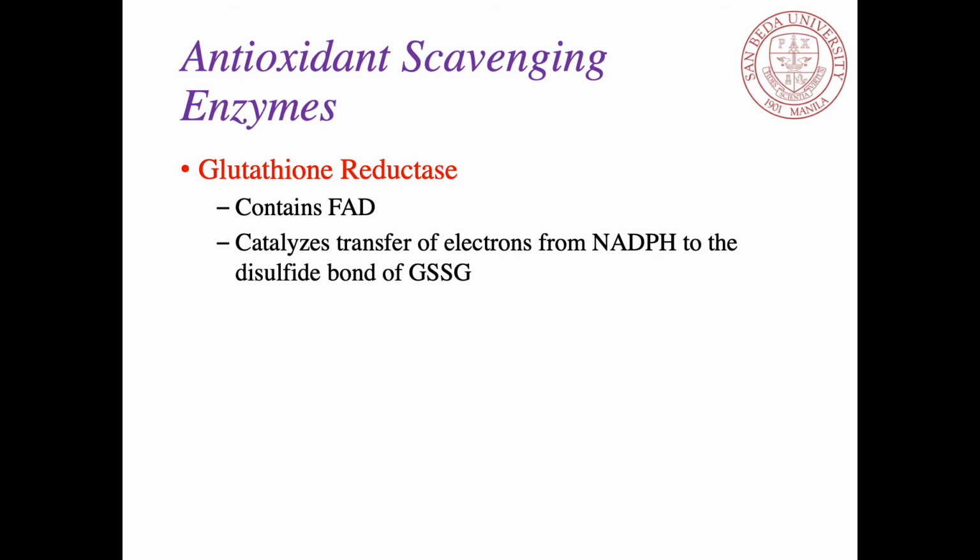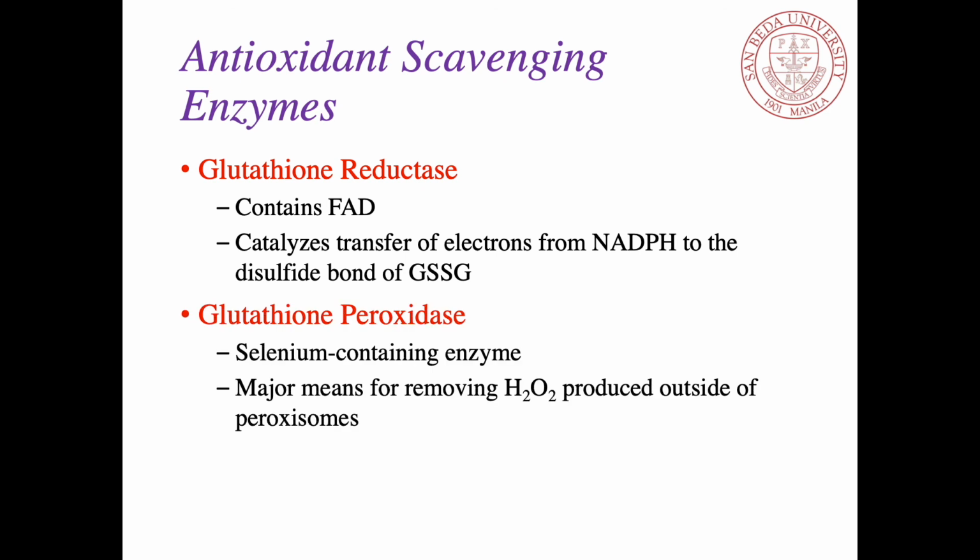Recall that this enzyme functions by regenerating reduced glutathione by catalyzing the transfer of electrons from NADPH to the disulfide bond of the oxidized form of glutathione. Now, as for glutathione peroxidase, which is a selenium-containing enzyme, this cytosolic enzyme is the one that catalyzes the reduction of hydrogen peroxide to water and oxygen, as well as catalyzing the reduction of peroxide radicals to alcohols and oxygen, thus preventing the propagation of free radical chain reactions.